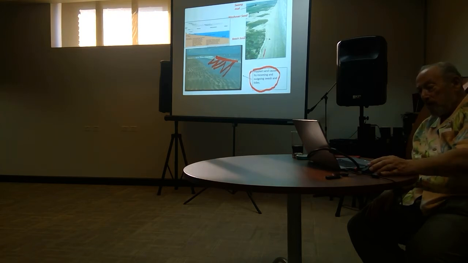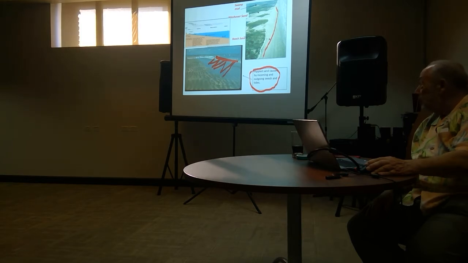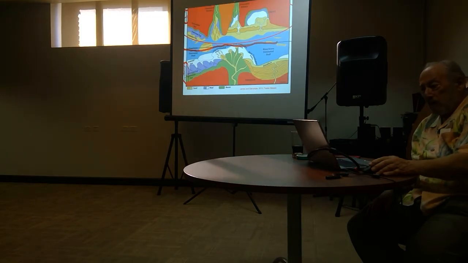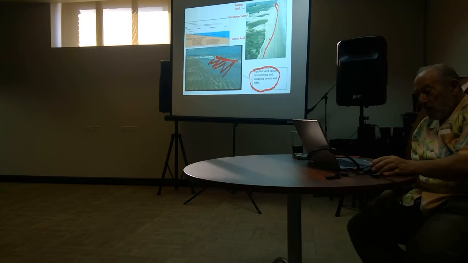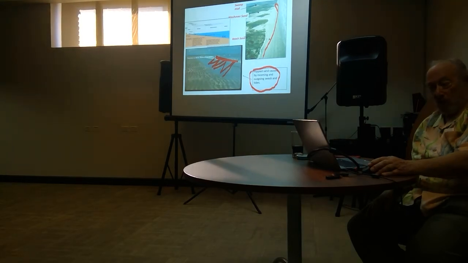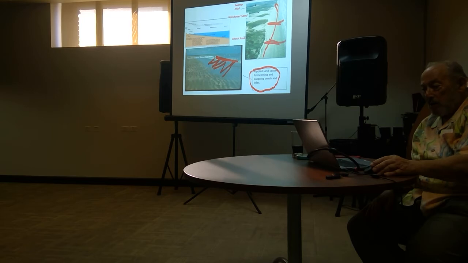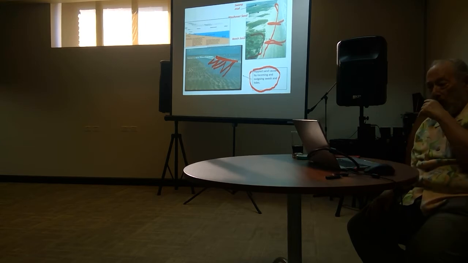But also, in the environment of deposition, they're oftentimes very long. So you get these big long reservoirs. They may not be very wide before you get back into your muddy lagoonal deposit, but they're very often very long.